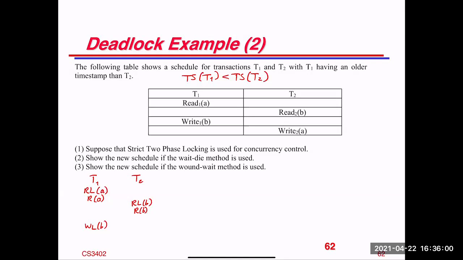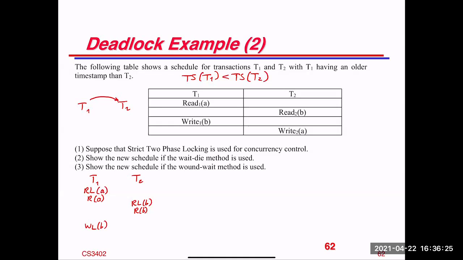Okay, and maybe one thing that we can do, so basically if you look at the wait for graph, you have this picture here. So our wait for graph currently looks like this, and transaction T1 is blocked here, so it can't execute the write.